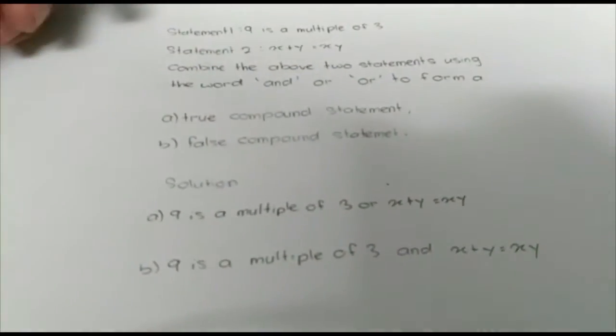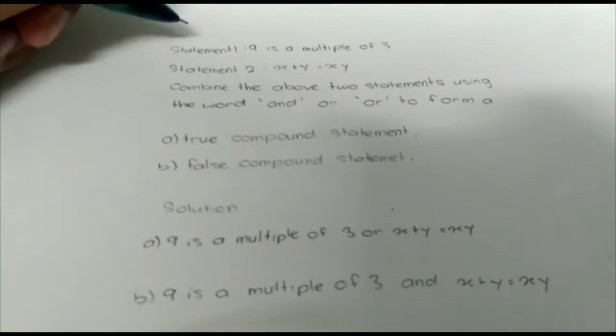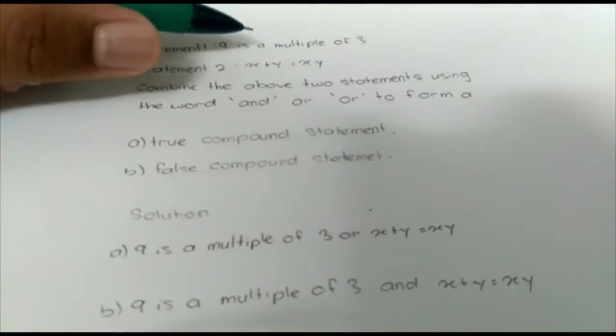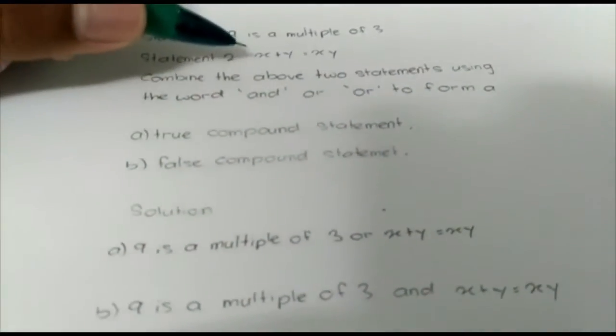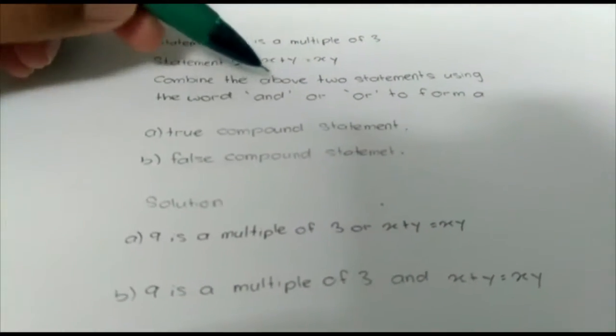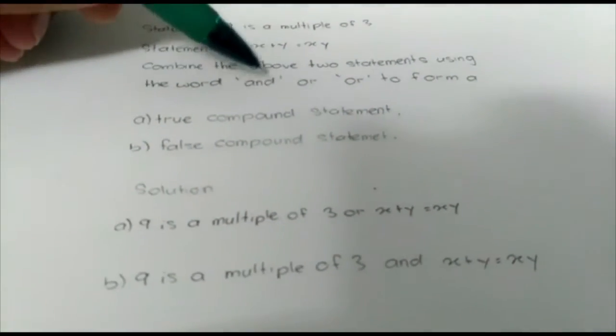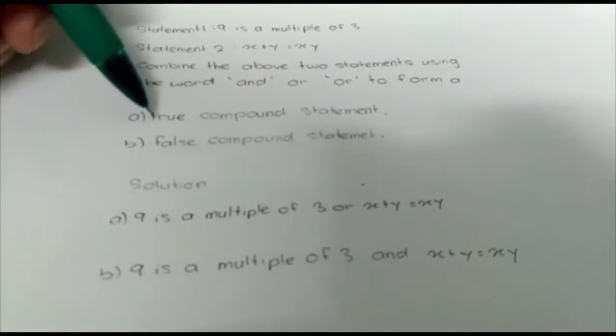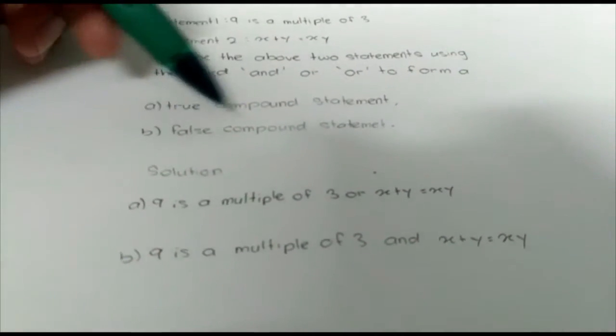Okay, another example of compound statements is this. Statement 1: 9 is a multiple of 3. Statement 2: x plus y equals xy. Combine the above two statements using the word 'and' or 'or' to form A, a true compound statement, and B, a false compound statement.